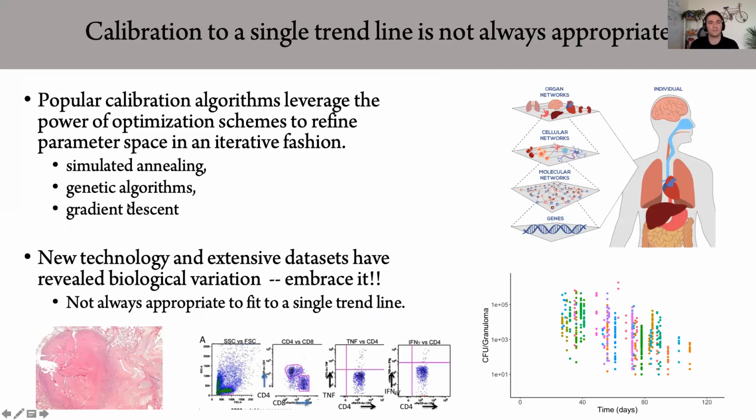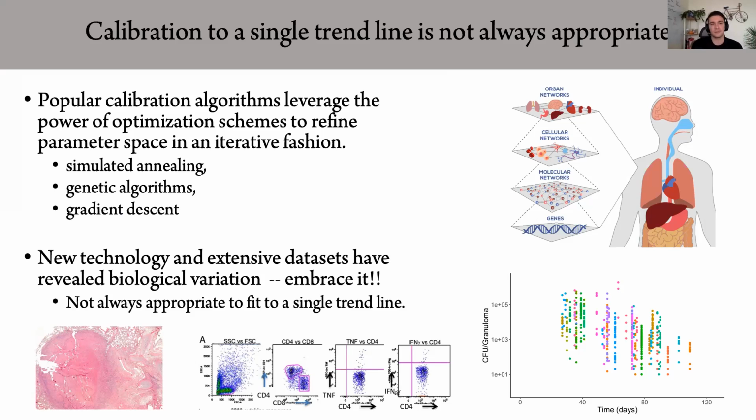There's many different popular algorithms that leverage the power of optimization schemes, and you could literally pick and choose your favorite here that will search through parameter space and make a smart and efficient choice in where to search next in parameter space to evaluate how close your model is to this experimental data. Simulated annealing is one, genetic algorithms is another, and gradient descent is sort of like a whole group of different optimization schemes for this exact type of situation.